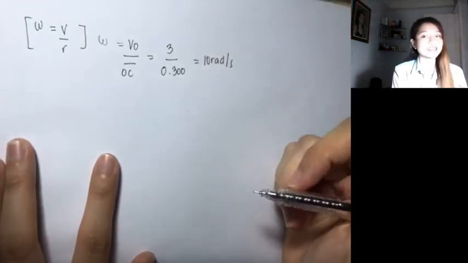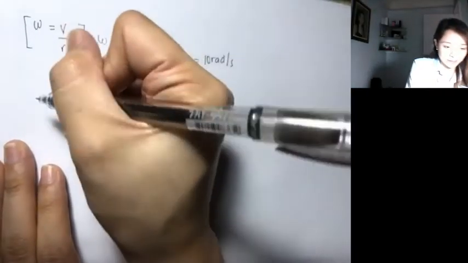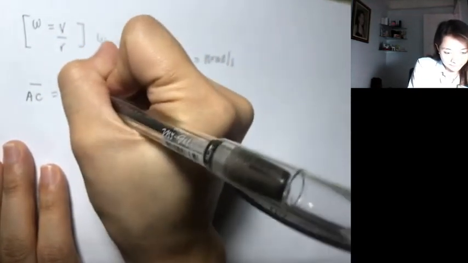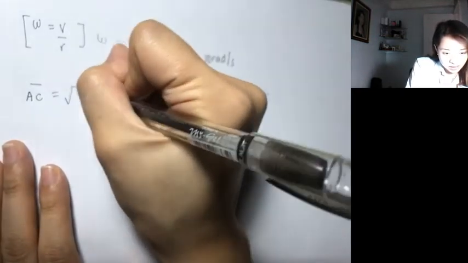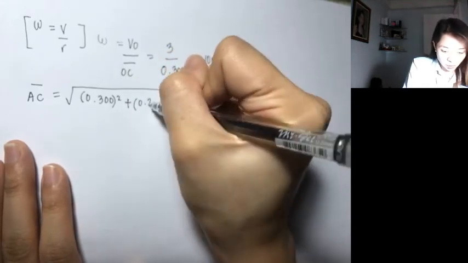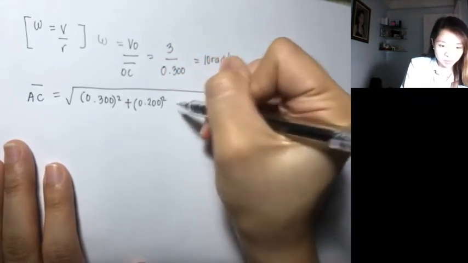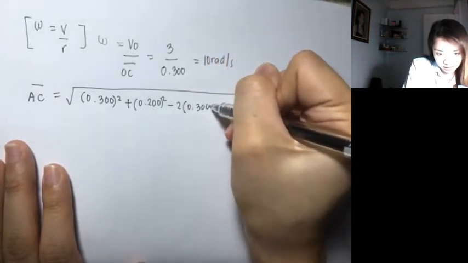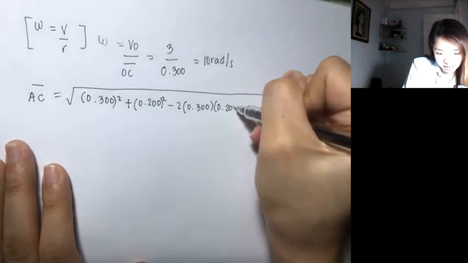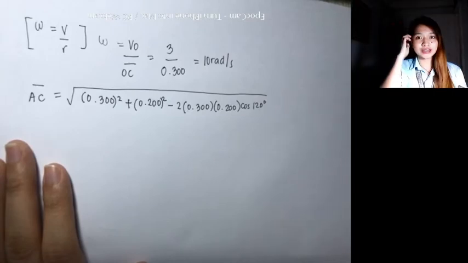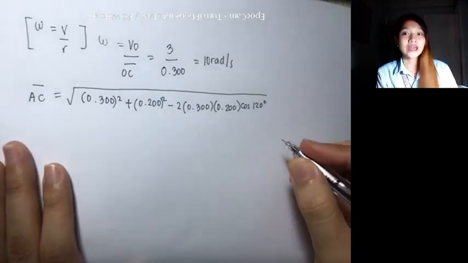Using the distance formula, we can now get line AC, which is equal to the square root of 0.300 squared plus 0.200 squared minus 2 times 0.300 times 0.200 cosine 120 degrees. Many of us are wondering why it's 120 degrees.